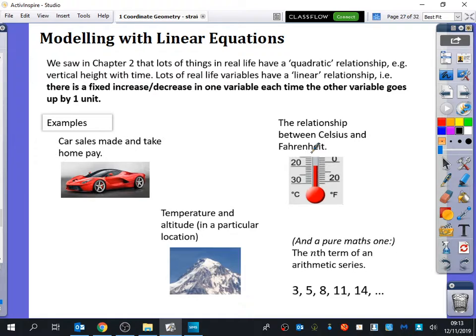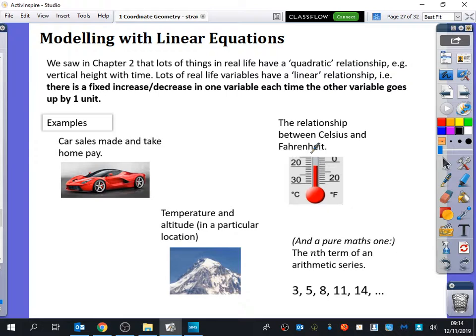So they use Fahrenheit, but there is a linear relationship between Celsius and Fahrenheit. I think for Fahrenheit, you take the Celsius, multiply it by 1.8, and then add 32. So we've already got a sense that the gradient is 1.8 and the intercept is 32. When it's freezing, 0 degrees Celsius, you times that by 1.8, you get 0, and you add on 32.